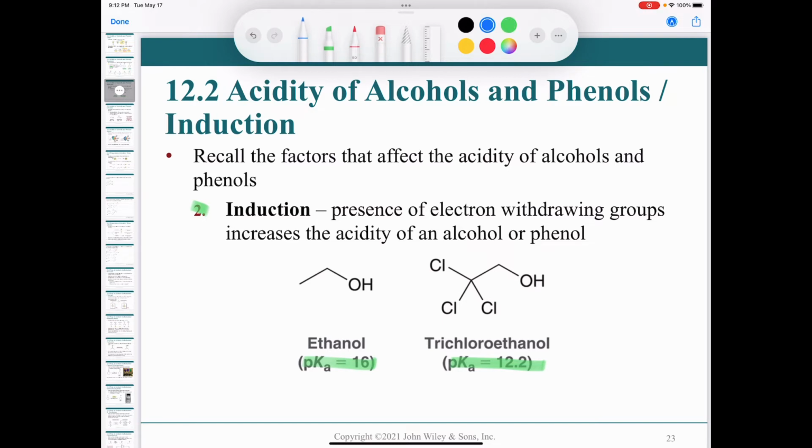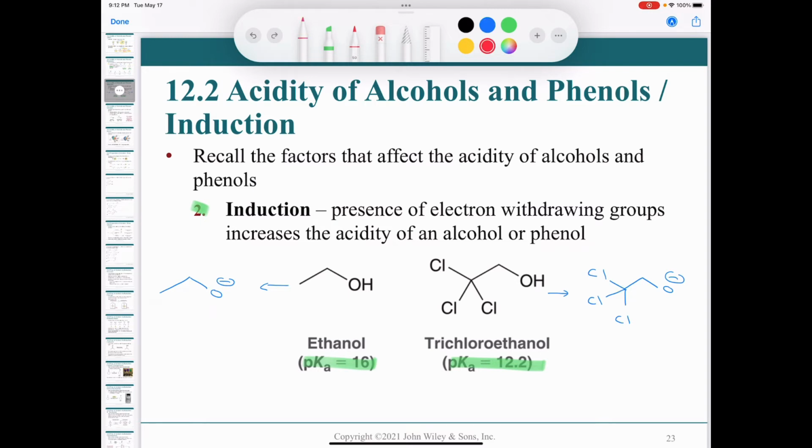Well, if we take a quick peek at the conjugate bases, if ethanol was deprotonated, we would get the ethoxide. And if we were to deprotonate trichloroethanol, we end up with this alkoxide where we have 1, 2, 3 chlorines attached to this carbon. Well, what are those chlorines going to do?